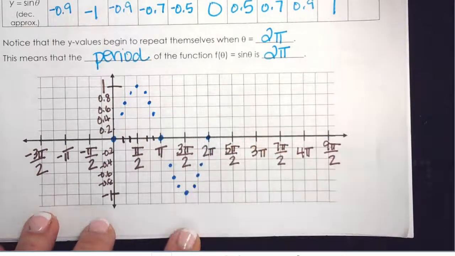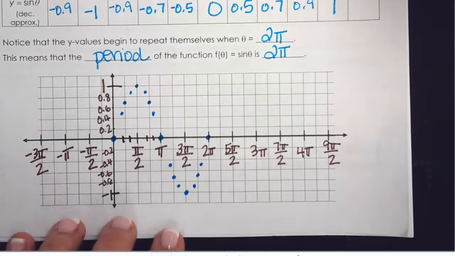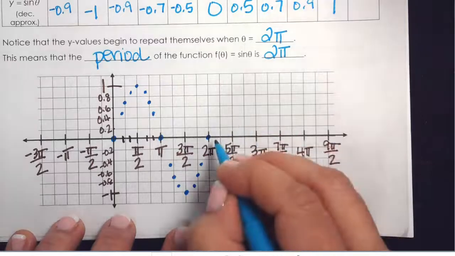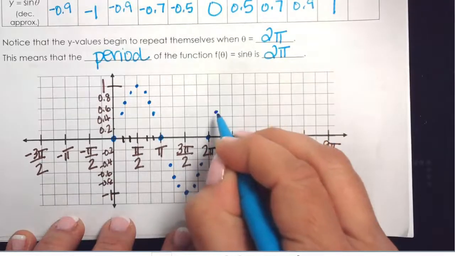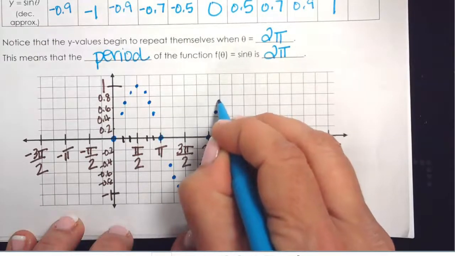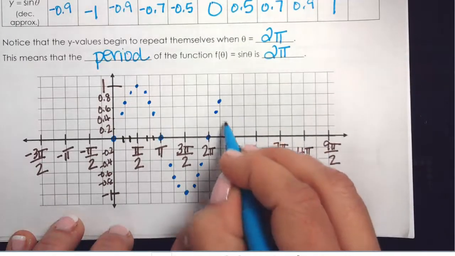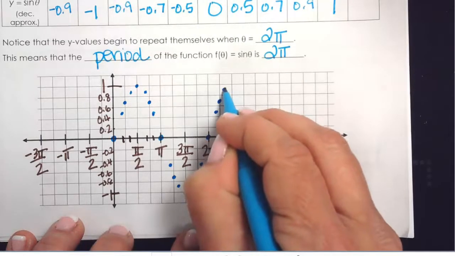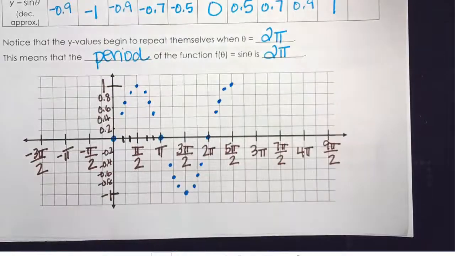And 2 pi, we're back to 0. And if we plot the next ones, 13 pi sixths is about 0.5. 9 pi fourths is going to be at 0.7. 7 pi thirds is 0.86. And 5 pi halves is at 1.